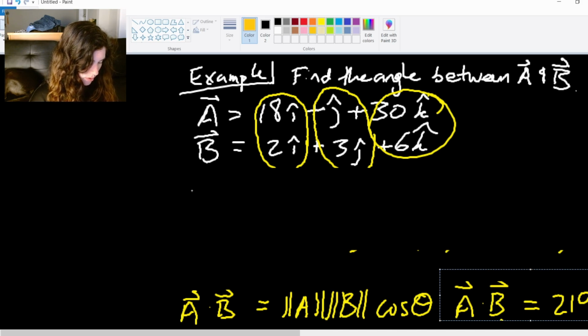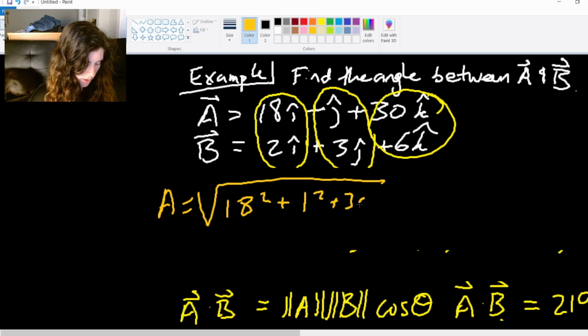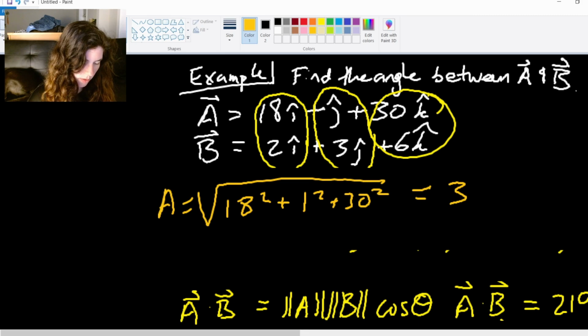It's just our square root magnitude of A, square root of 18 squared plus 1 squared plus 30 squared, which will give us, type that into our calculator, 35.